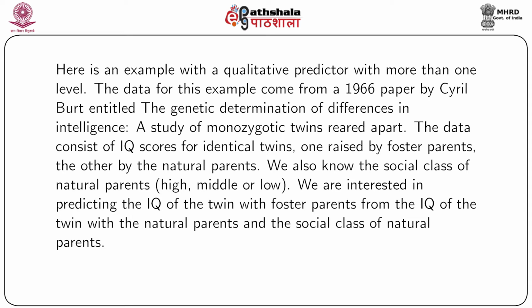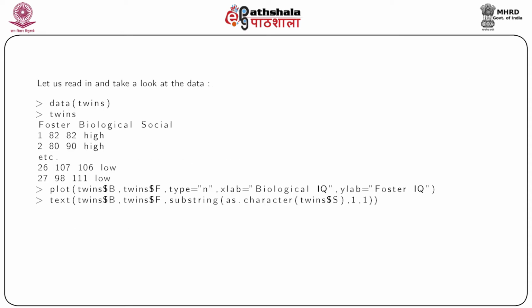So here we have the IQs as well as the social class of the natural parents, which acts as the factor. So let us first read the data and take a look at what the data set looks like. So the data twins, when read into R, can be printed, and what we see is 3 columns, one which is foster, the other biological, and the final one is social.